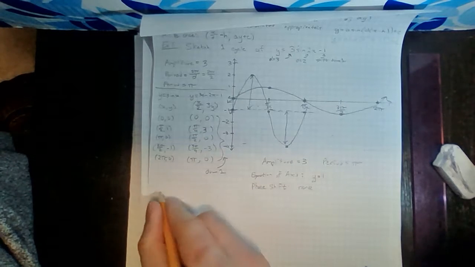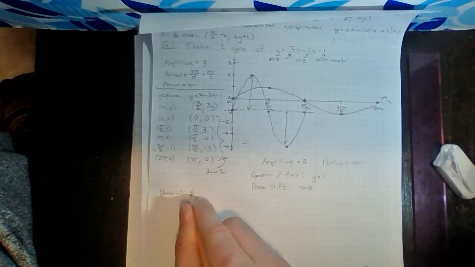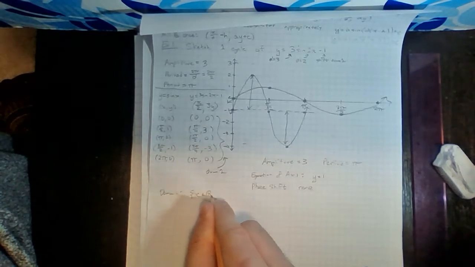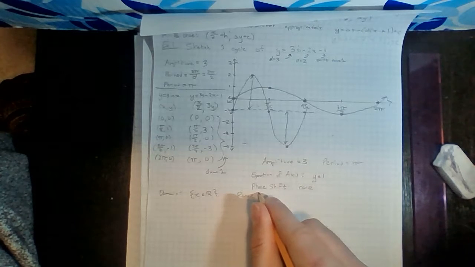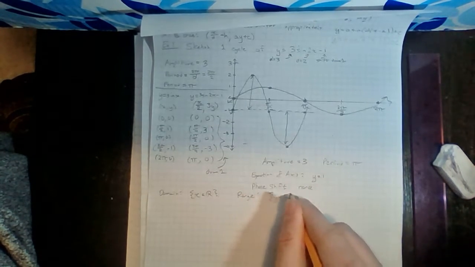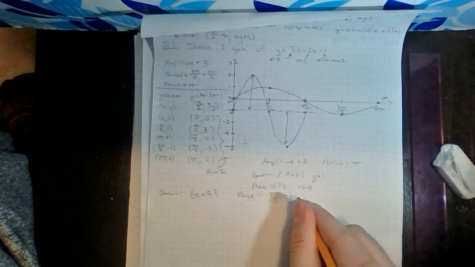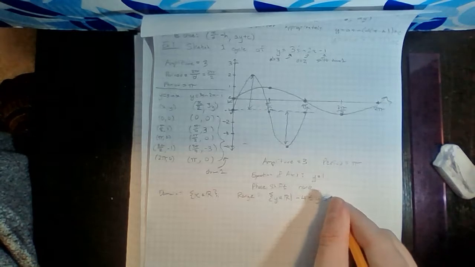Domain, these ones aren't necessarily on the sheet, but still good to refresh. Our domain can be all real numbers. Our range has to be between -4, our minimum, and our maximum of 2.